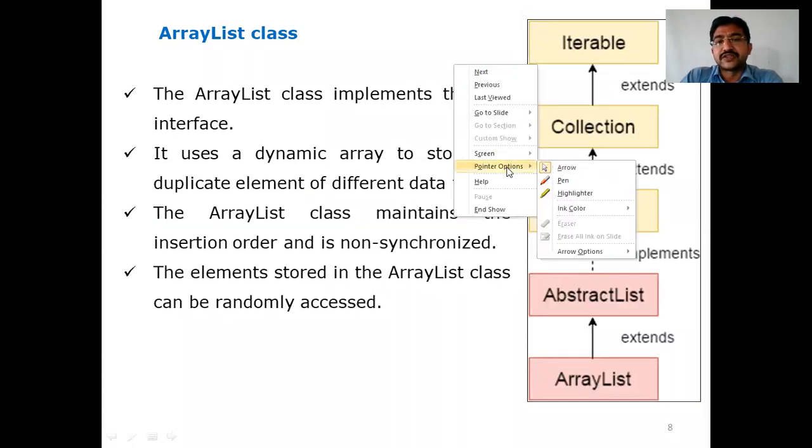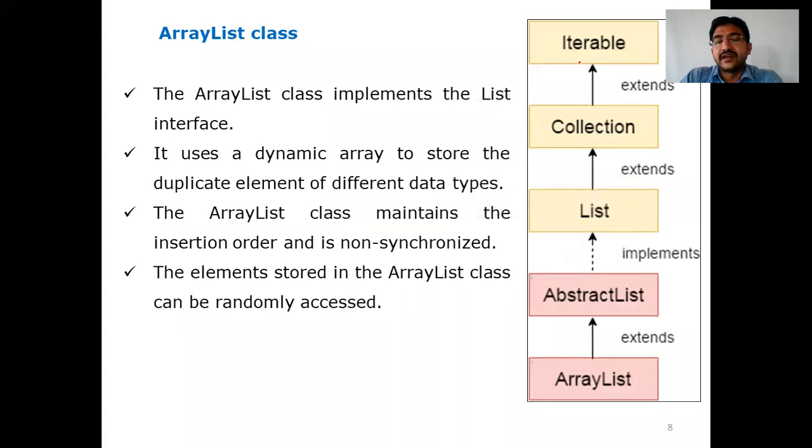The array list comes from iterable, collection, list, abstract list, and then array list. The first three are called interfaces and the rest are called classes. Array list extends abstract list, implements the list interface, which extends the collection interface, which extends iterable.